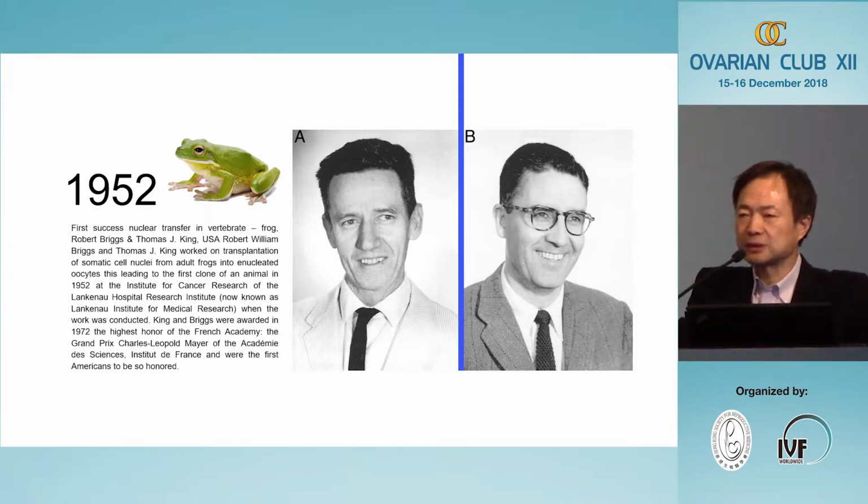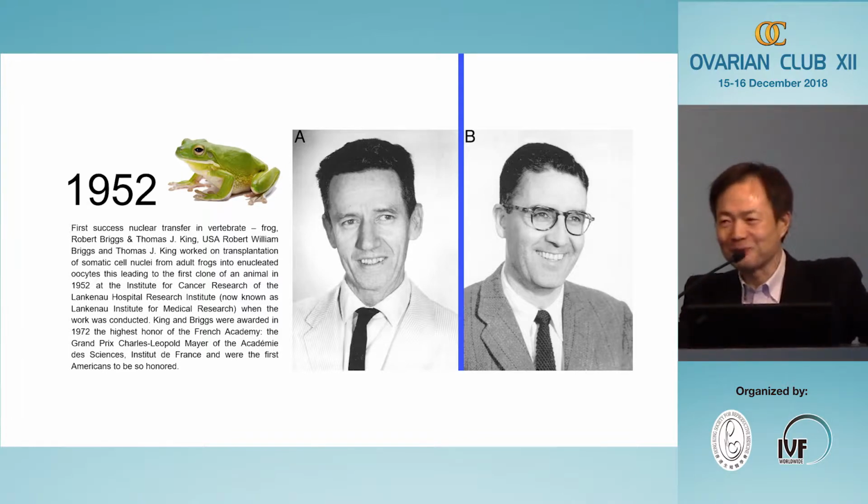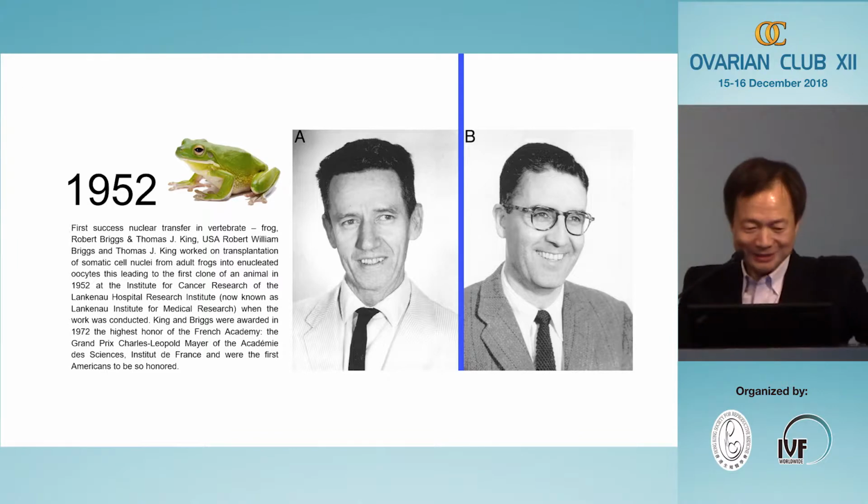Frog eggs are one of the good eggs to work with. I'm just wondering, why don't we use chicken eggs? Chicken eggs are pretty big. We can see them by naked eye. The egg yolk, the nucleus is very big. You can even use a spoon to do nuclear transfer without using micromanipulation. Maybe we should start using chicken eggs.